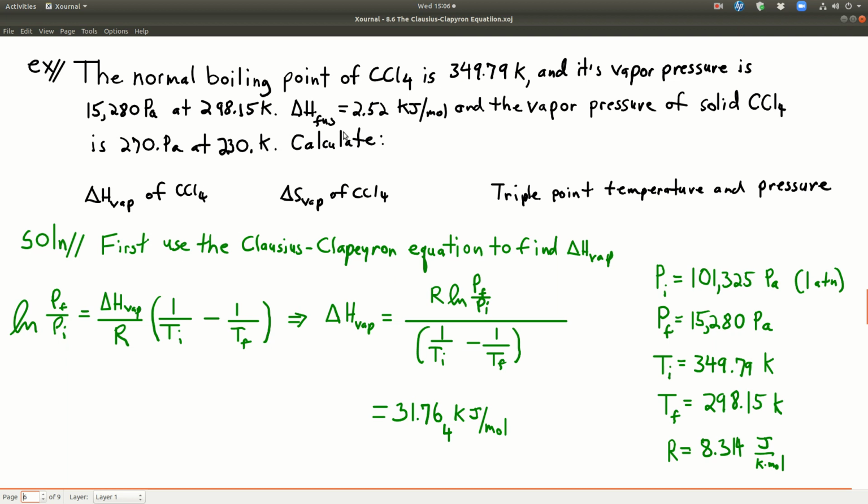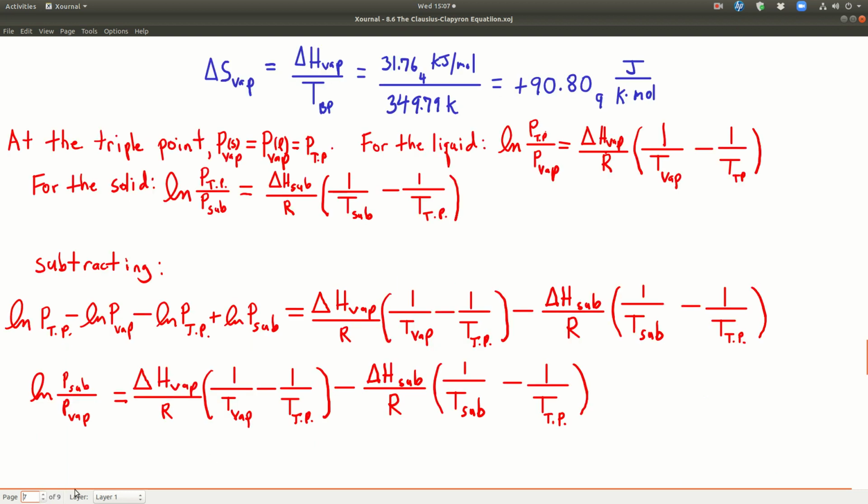So the vapor pressures we're going to use are the vapor pressure at 298.15 Kelvin and the vapor pressure at its normal boiling point, which is 101,325 pascals, 1 atmosphere. And the temperatures are the associated temperatures. Plugging that in, and please check my math, I end up getting 31.76 kilojoules per mole. So that's our heat of vaporization.